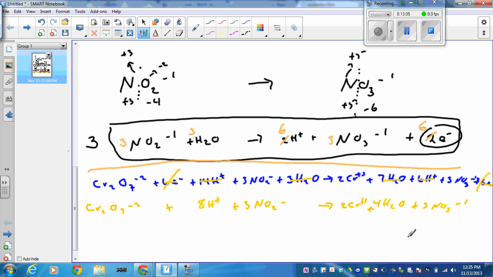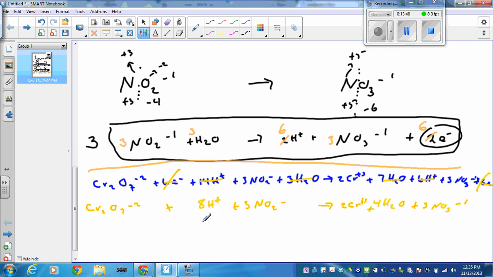By doing this, everything should cancel out in terms of having the same number of elements as well as electrons. 2 chromiums are here, 2 chromiums are here. We have 7, and then we have 6, 13 oxygens. Over here we have 4 and 9, 13 oxygens, 8 H pluses, 8 H pluses, 3 Ns, and 3 Ns. And the charges are in balance.